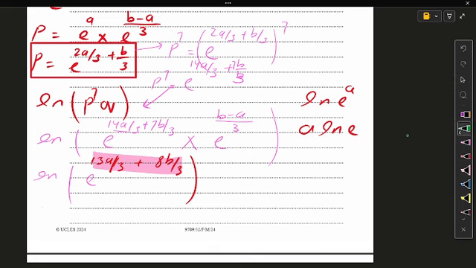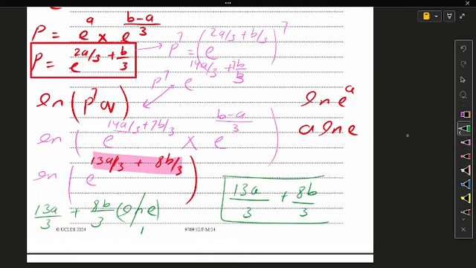So you can see it would be (13a by 3 plus 8b by 3) ln of e. So ln of e becomes 1 because these are reciprocal of each other, and you are able to get the value in terms of 13a by 3 plus 8b by 3. So that will be the required answer.